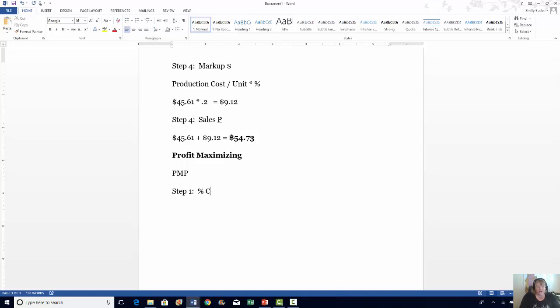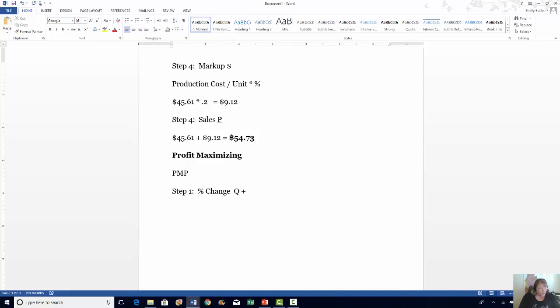Okay, the percent change. I wanted the little triangle. I don't have one of those on my screen. I imagine I could probably go into the different fonts and find one, but we'll just do this. I think it'll be faster for me.